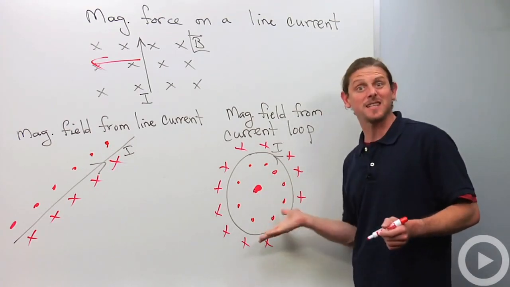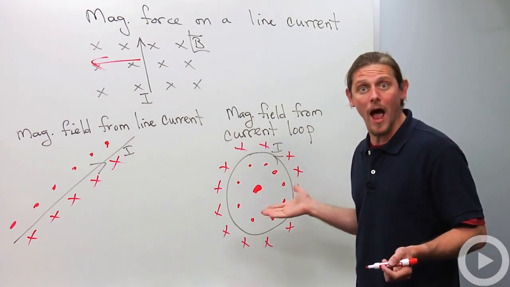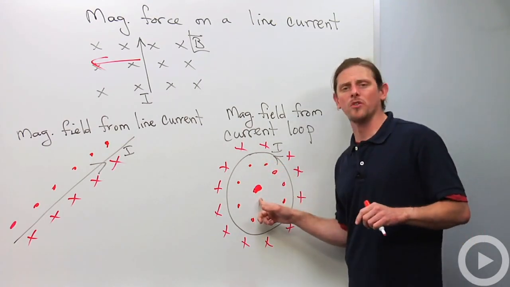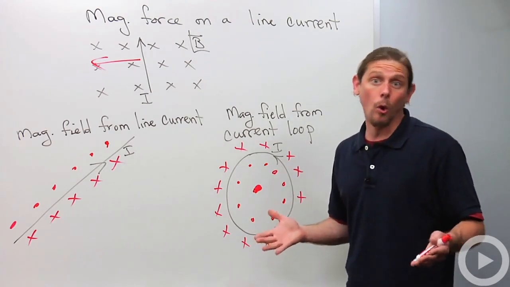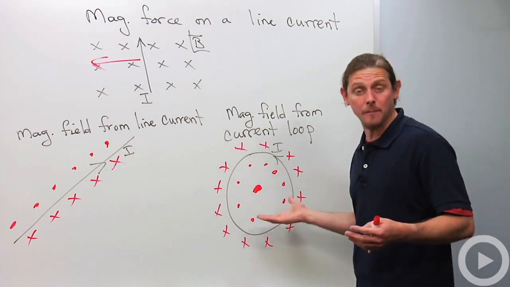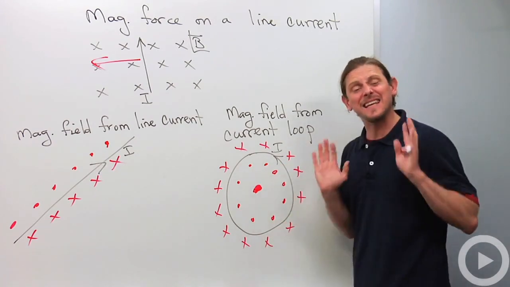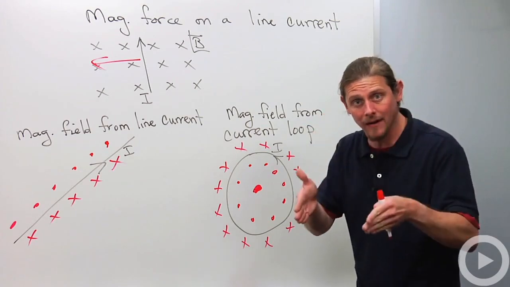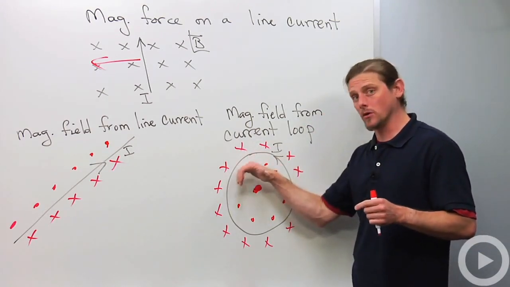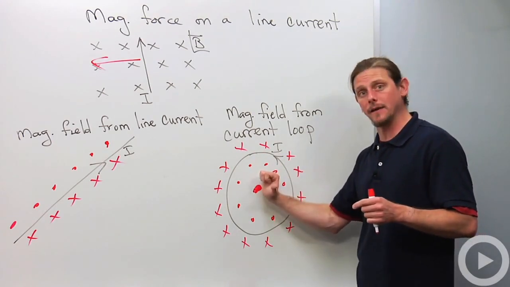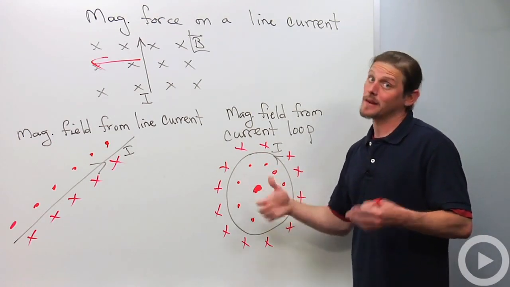Of course, it gives us the same answer that we got the other way, but this is associated with something called a magnetic moment. And so you might be asked to think about magnetic moments in these current loops. And it's easier when you're focusing on that to use the right-hand rule, where now the current is your fingers and the thumb is the magnetic field. All right, that's the right-hand rule.